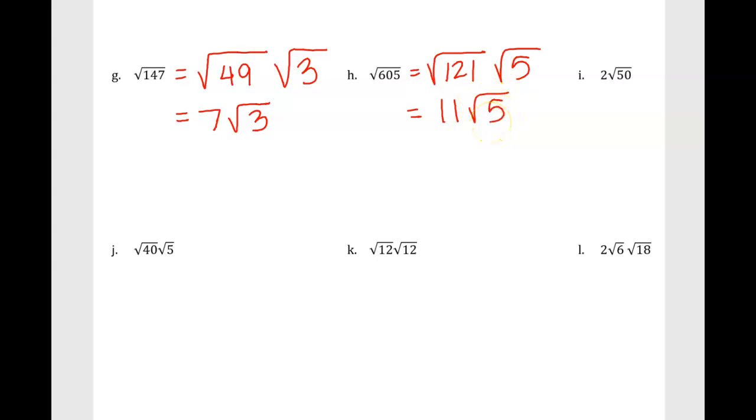Not quite just 11. Whatever's the perfect square comes out of the square root. Whatever's not the perfect square stays in. Does that make sense? That's like the big mistake I feel like people make. A lot of times people give me square root of 11 and then they take out the 5. And I'm like, no, that's backwards.